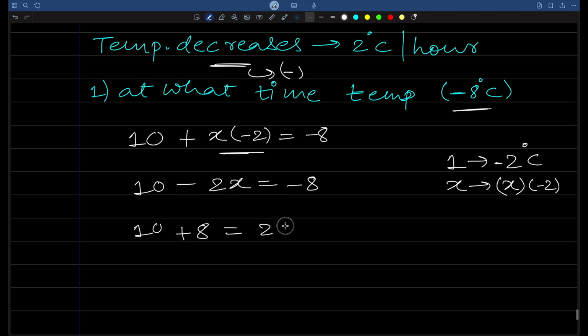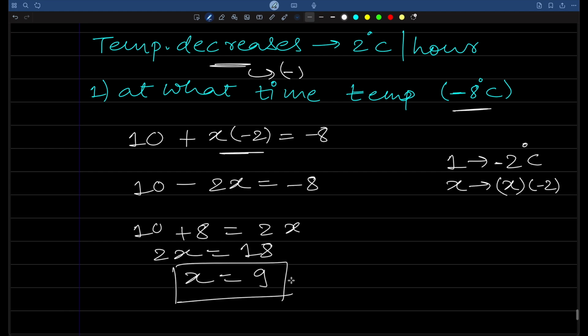On the other side it is 2x. Now solve for x, that is 2x equals 10 plus 8, that is 18. We get x equals 9. After 9 hours the temperature will be minus 8.